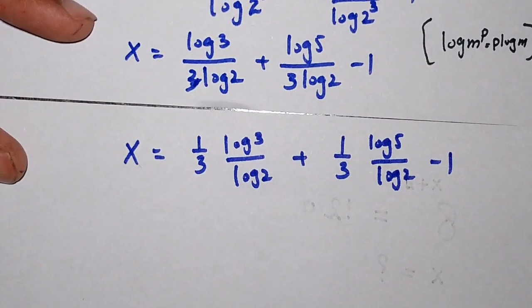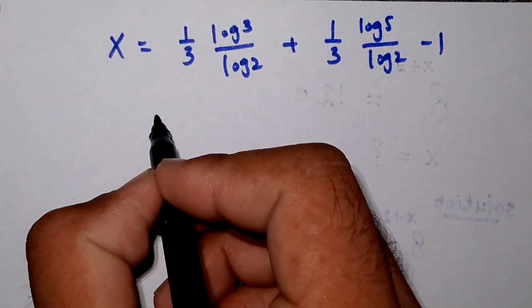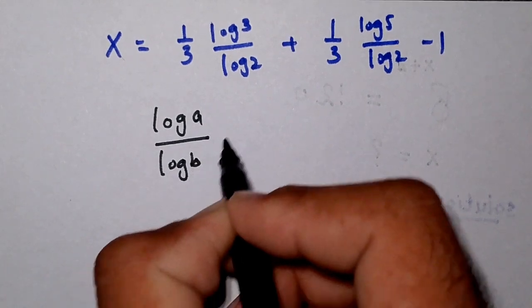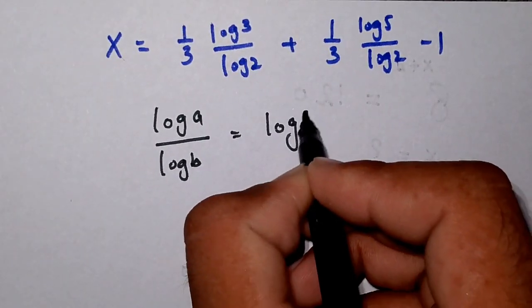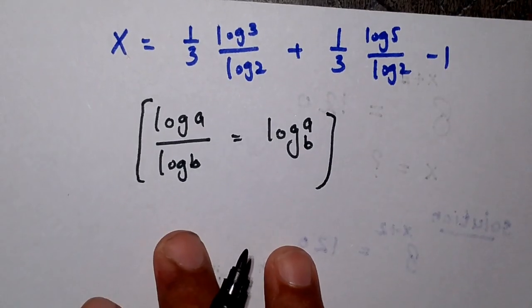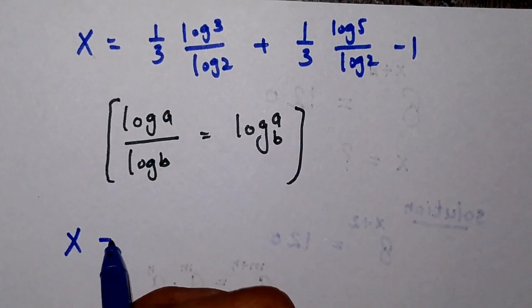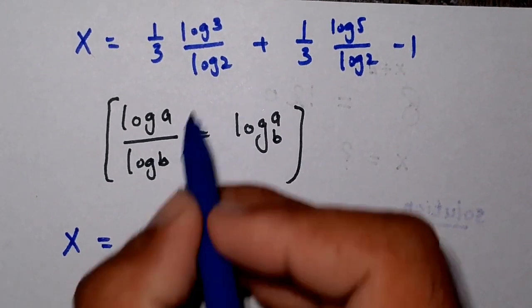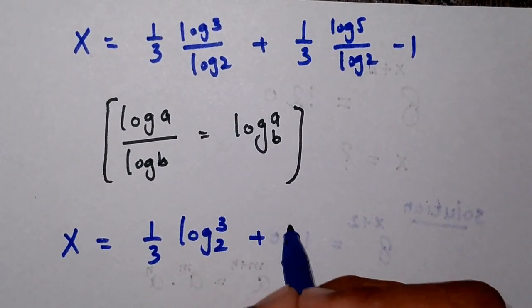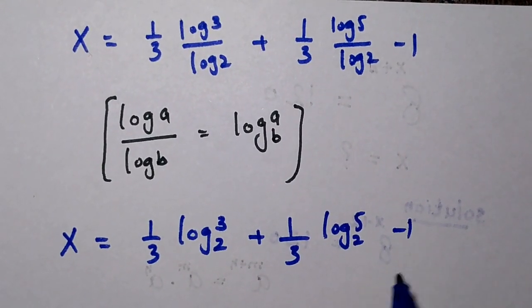Now again we know that, to solve this interesting question, log of a over log of b is equal to log of a of base b. So we have to apply this condition here, so this will become x is equal to 1 over 3 times log of 3 of base 2 plus 1 over 3 times log of 5 of base 2 minus 1.